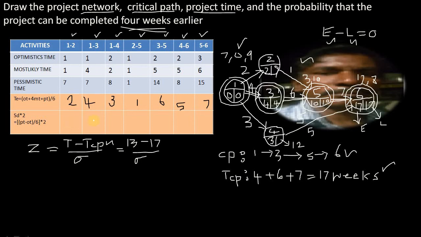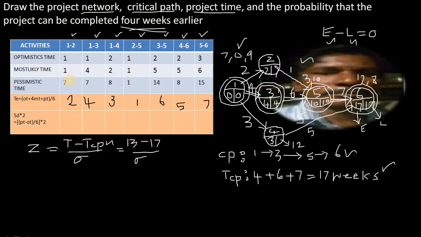In that, we take into account only the standard deviation or variance in the critical path. We should not take the standard deviation of the non-critical path. Let us calculate it for the first activity.